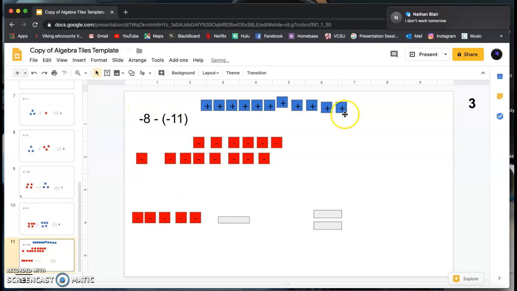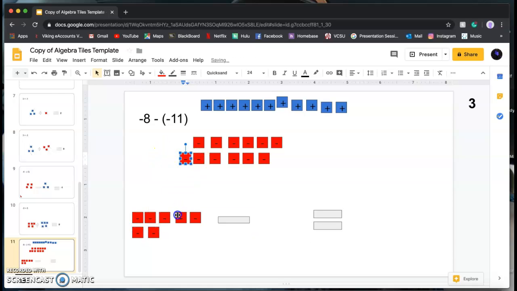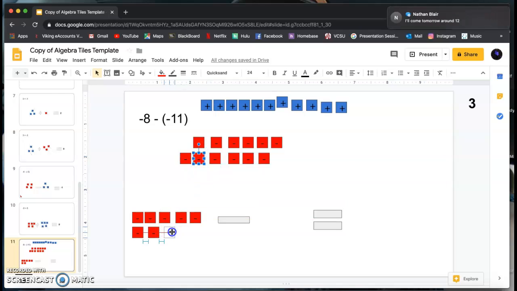Okay, and then next I'm going to need, oh, that's only 1, 2, 3, 4, 5, 6, 7, 8. Alright, so I have 8 negatives, and now on the other side I'm going to need 11 negatives.